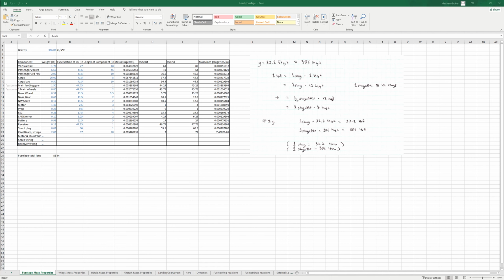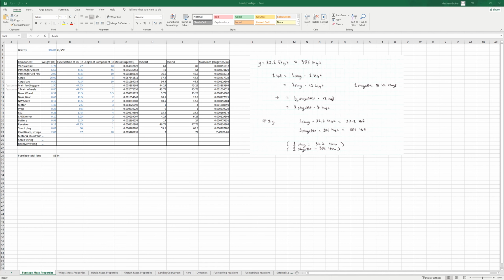So we can imagine each of these components as a simplified rod or a plate oriented along the fuselage length. And in that case, to fully define each of them, we just need their weight, the fuse station of where their CG is, which is the middle of the component, and the length of each of the components. And that completely defines the mass properties for each of the components.